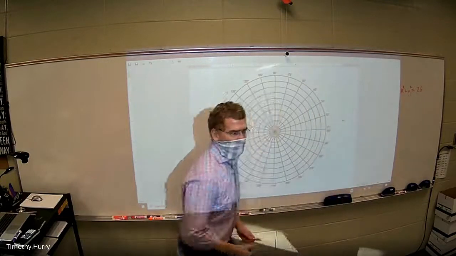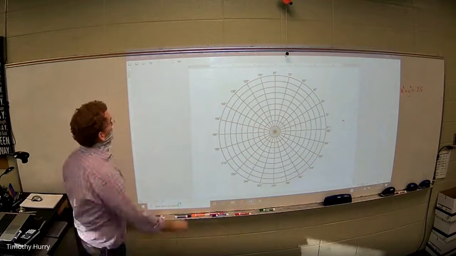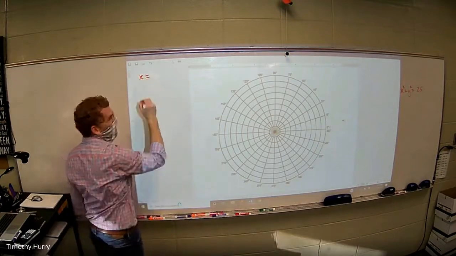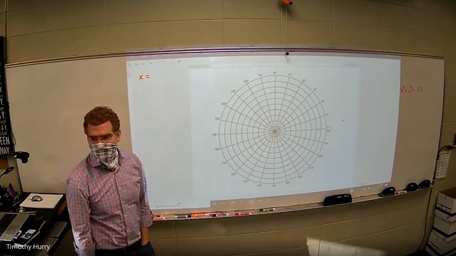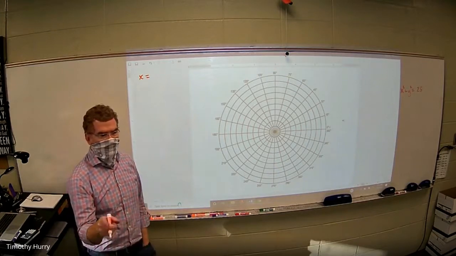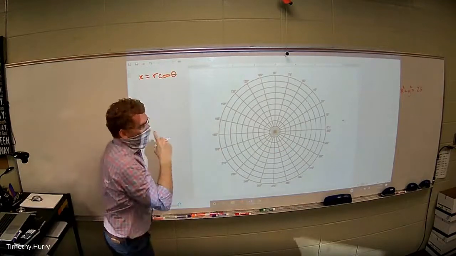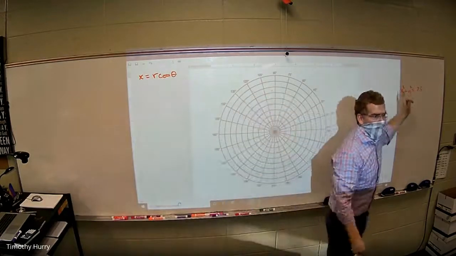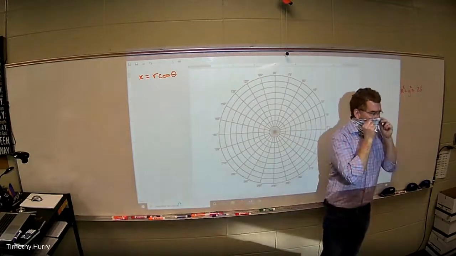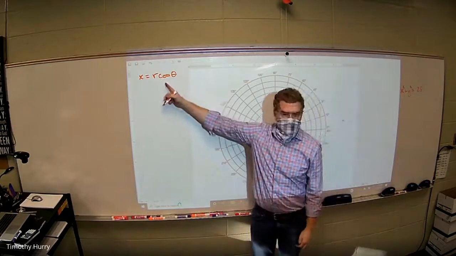What are they? How do we find x? What did we do when we wanted an x? R cosine theta? So, if I have an x in my problem, and I want to get rid of it and replace it with something that does not have an x, but just has r's and thetas, that looks pretty good.